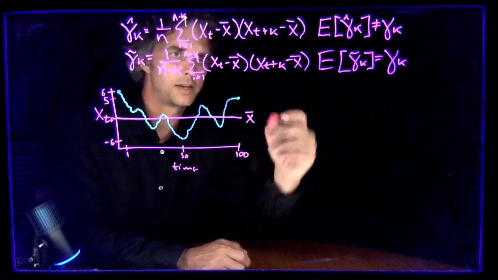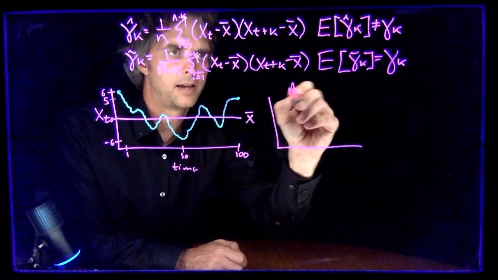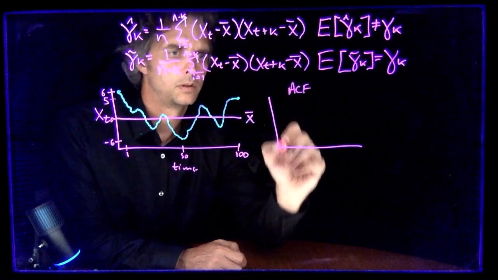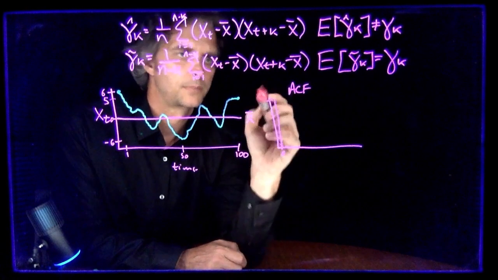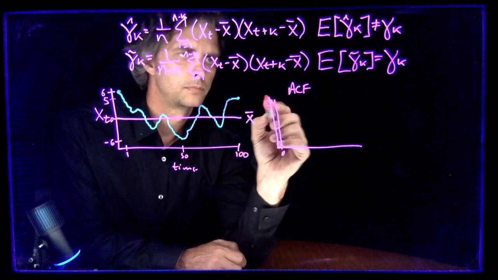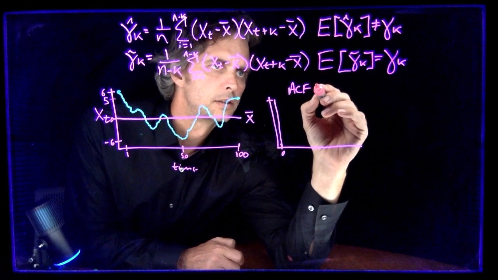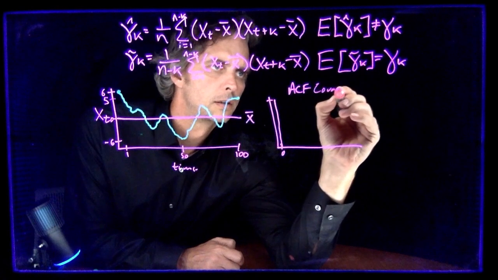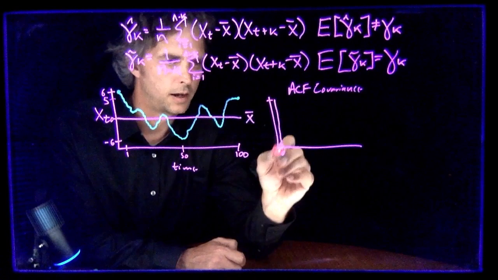So we know that this ACF will, of course, be 1 at 0. In fact, let's make this the covariance. We're going to talk about covariance here.